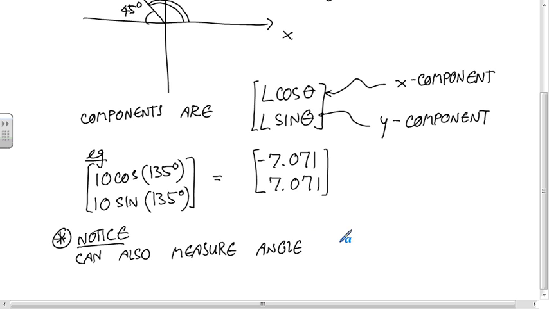So measure the angle clockwise from the positive x-axis, and just call the angle negative.